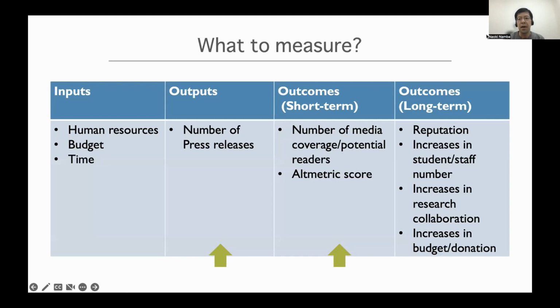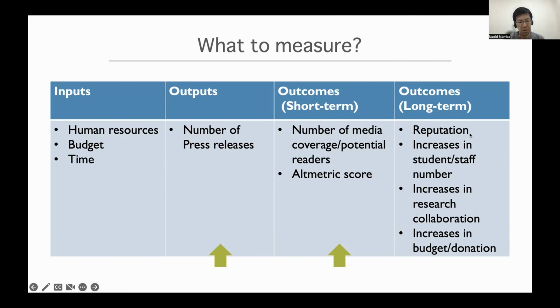I think there are 4 measuring points: inputs, outputs, short-term outcomes, and long-term outcomes. The outcomes are basically the same as the goals you want to achieve. And long-term outcomes are often difficult to measure, things like reputation or increases in the number of staff or increases in the budget, because these are pretty indirect from the output.